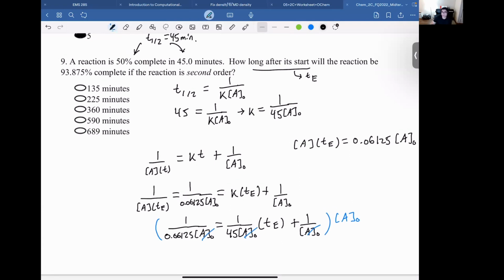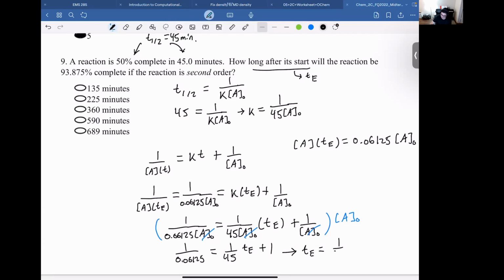Then you're left with an equation that is just algebra. 0.06125 is equal to 1 over 45 times this time elapsed plus 1. And you can just solve for this time elapsed by algebra. So to solve for this, I subtract 1 from both sides.